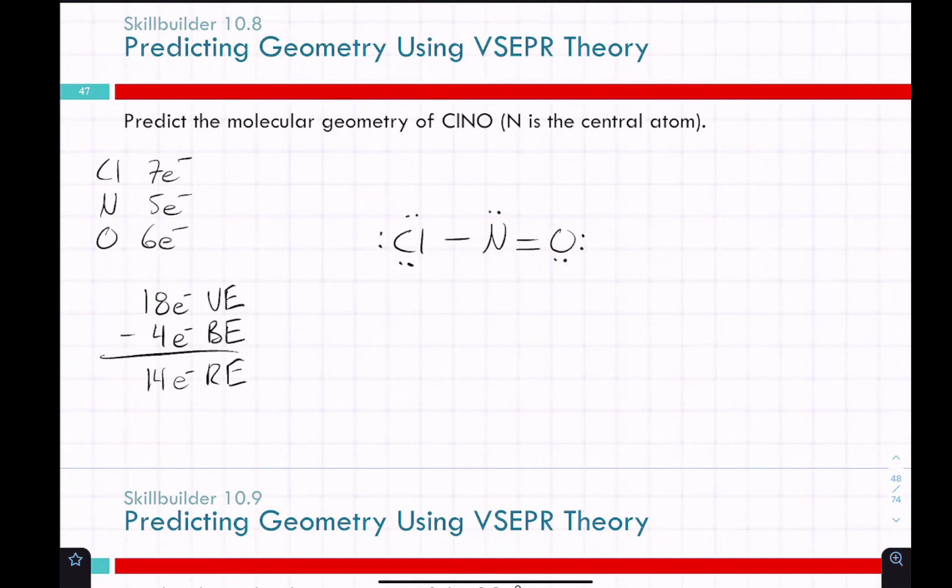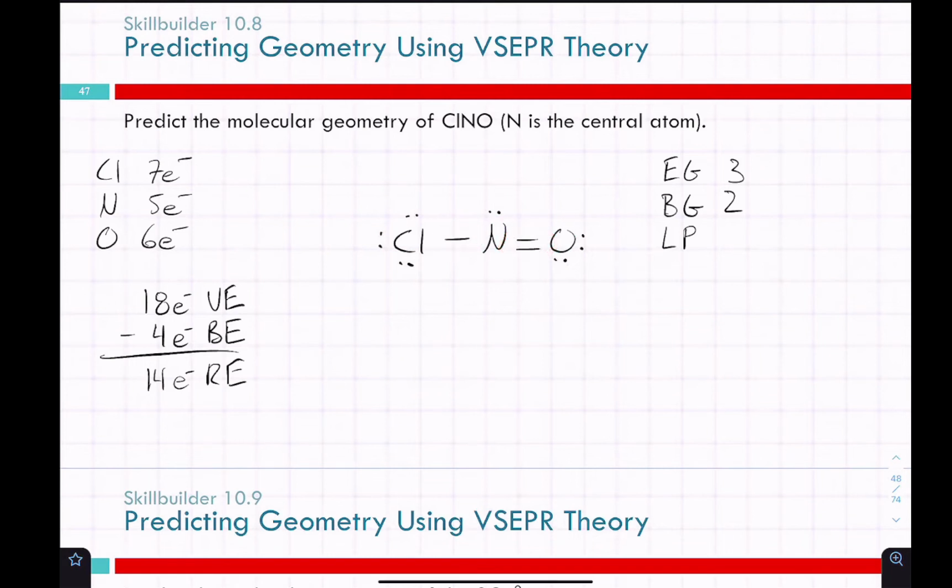So how many electron groups does this have? 3. So 1, 2, 3, and we're only counting those around the central atom. So it's 3 electron groups. How many bonding groups are there? 2, because it's the chlorine and the oxygen.